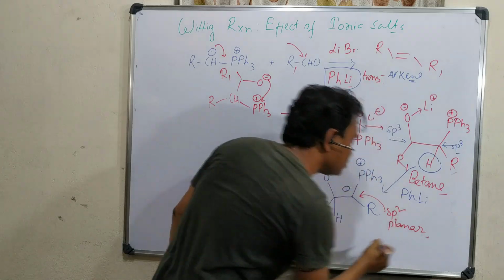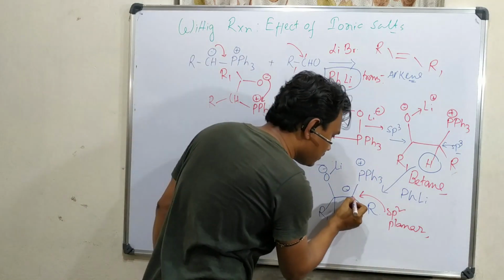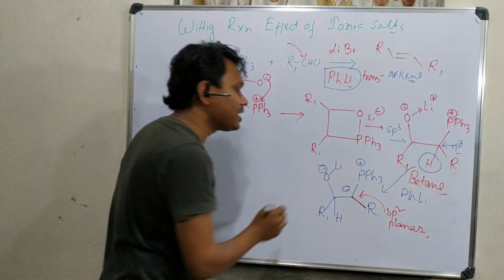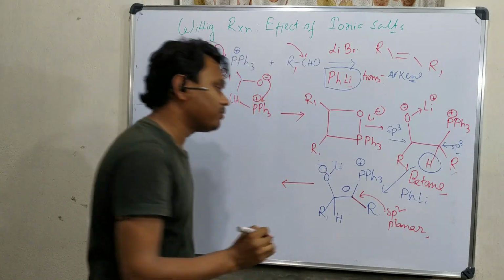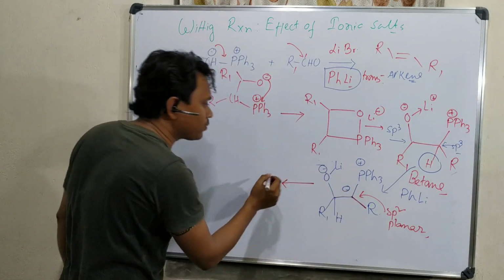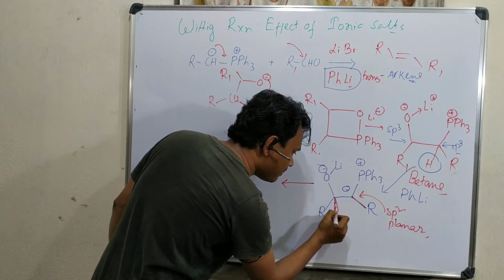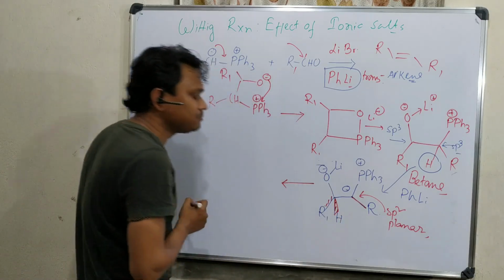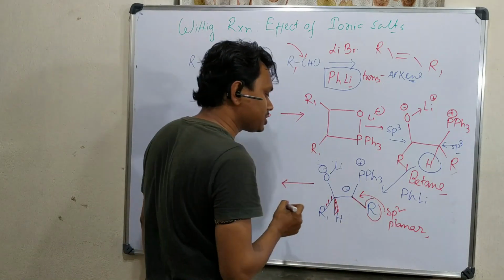So right now no restriction of geometry is observed. Consequently, this has become planar, and it will take another one unit of proton, and that will be trans. For example, if this hydrogen is above and this R is below, then definitely it will undergo a stable conformation.